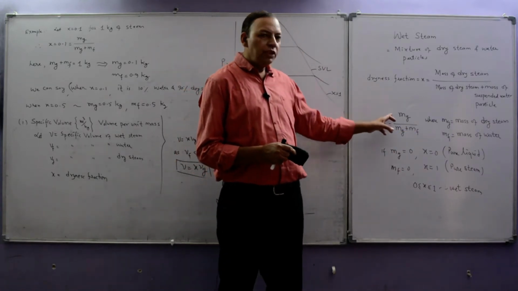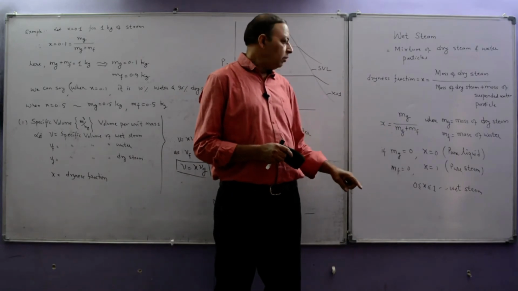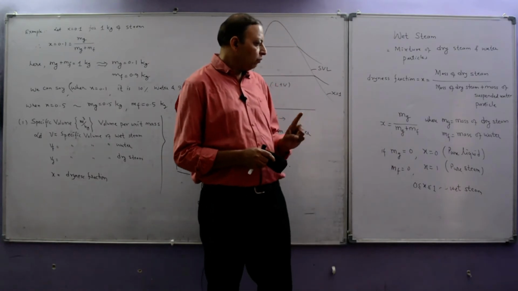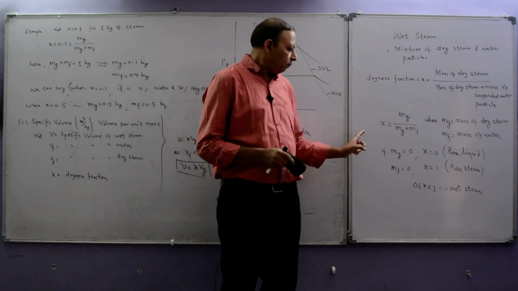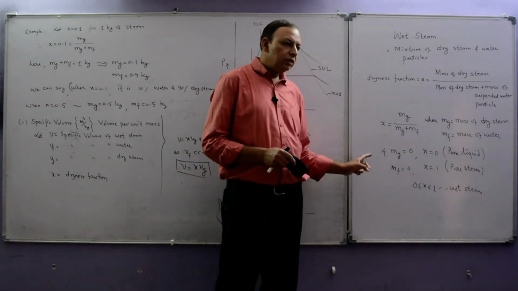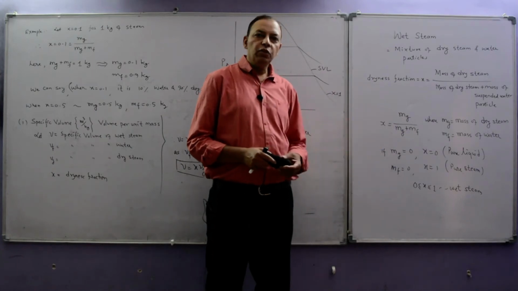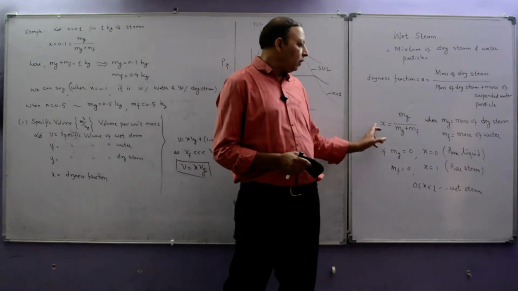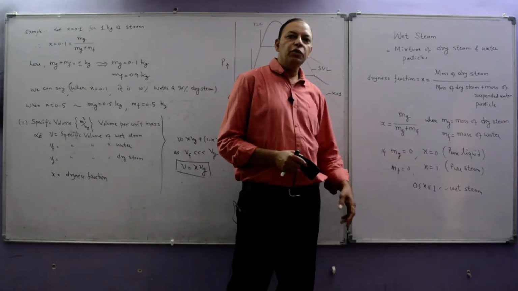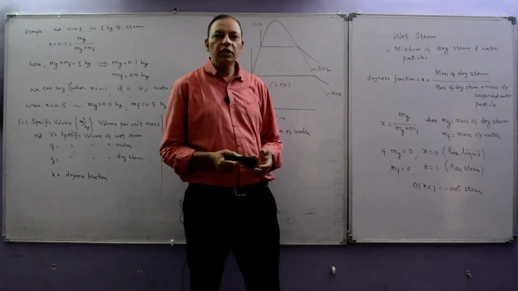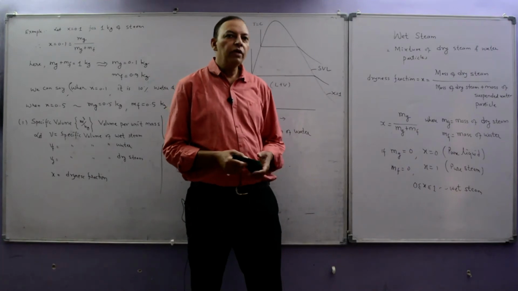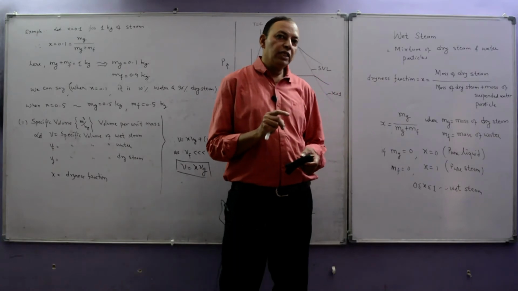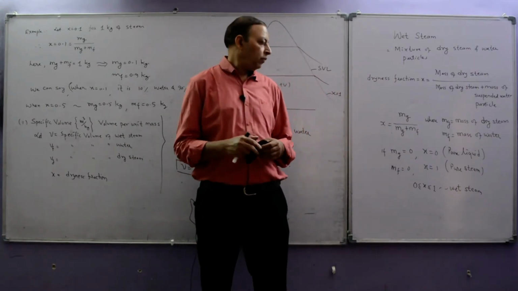What is mg? It is mass of dry steam, and mf is the mass of water particles. Here, see what happens when mg is 0, mass of dry steam is 0, then we will get x equal to 0. x equal to 0 means it is pure liquid. Remember my previous video, saturated liquid line, where x is equal to 0.